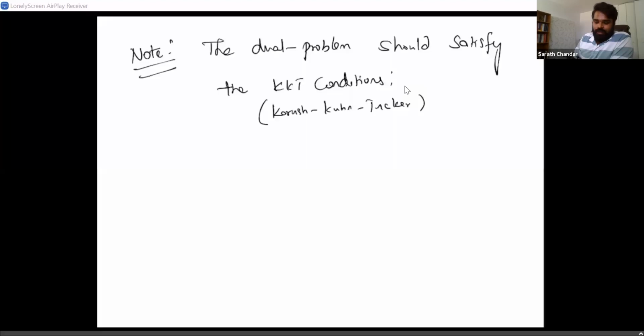So the conditions are this. Your constraint variables, your Lagrange multipliers, a_n, should be greater than or equal to 0. And t_n y(x_n) minus 1 should be greater than or equal to 0.